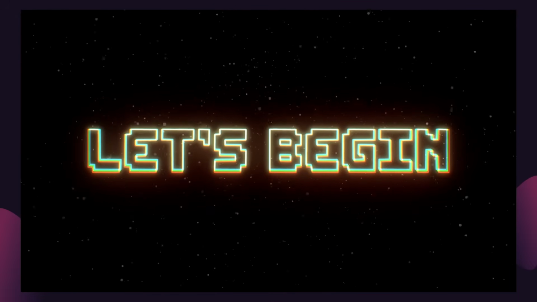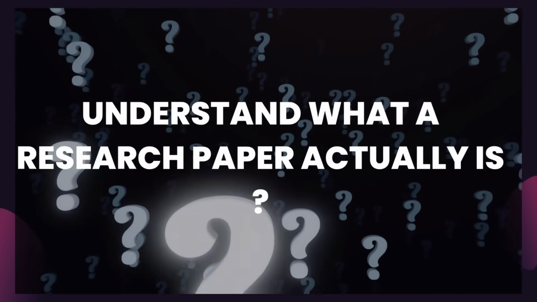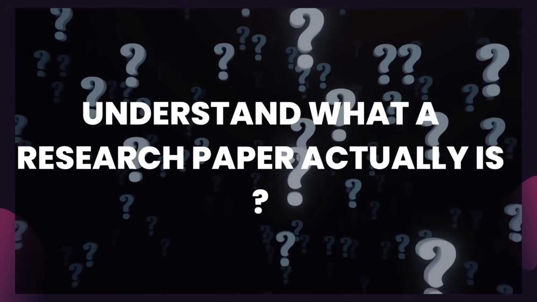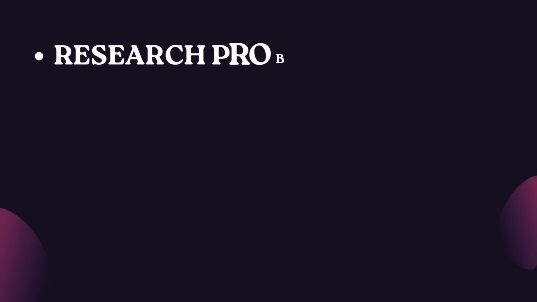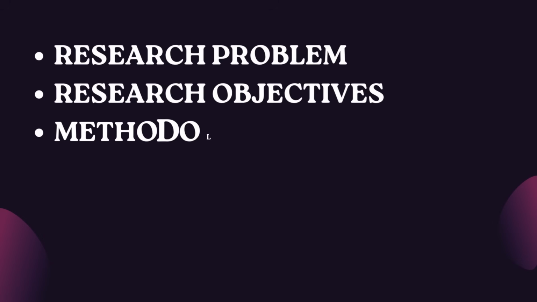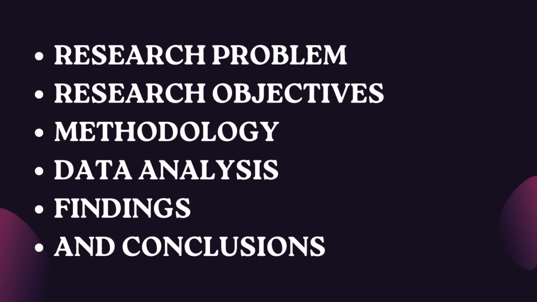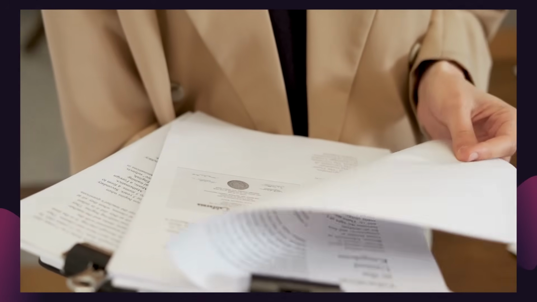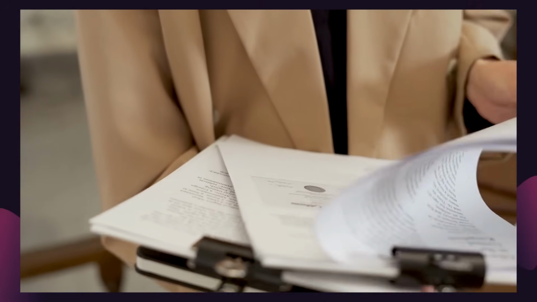So let's begin. First, let's understand what a research paper actually is. A research paper is an academic document where researchers present a research problem, research objectives, methodology, data analysis, findings, and conclusions. The purpose of research is to contribute something valuable or knowledgeable.